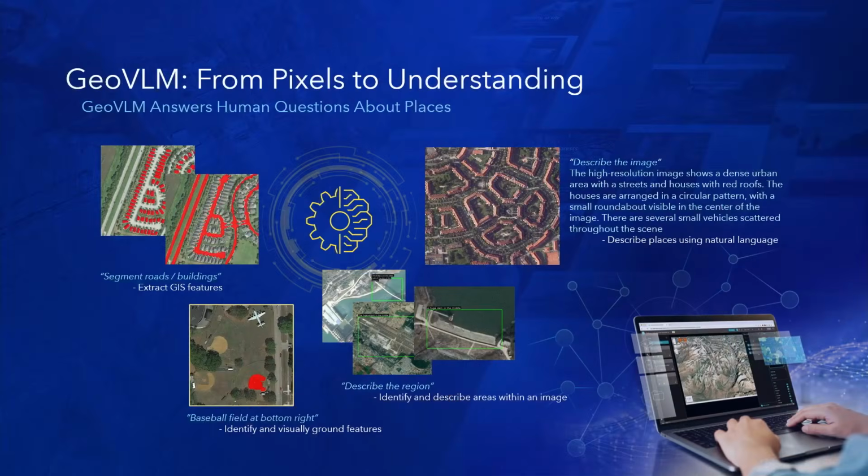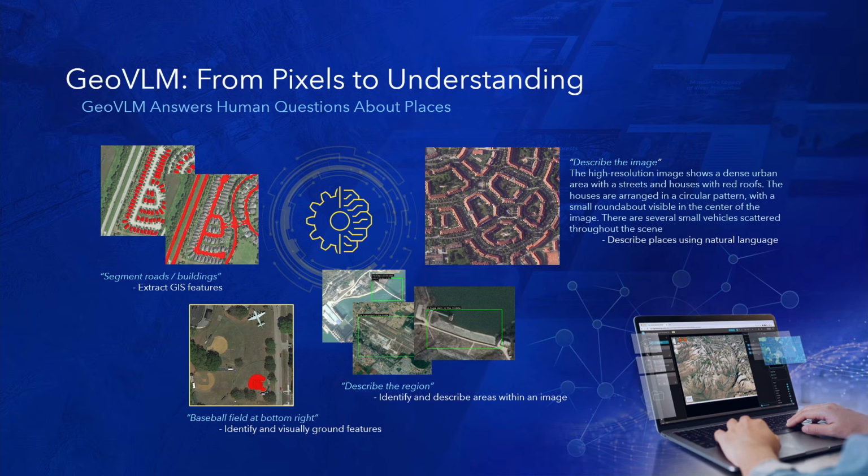Thank you, Karthik. Yeah, that was awesome. OK, so now let's talk about Esri's upcoming Geospatial Vision-Language Model, or GeoVLM for short. This is like a Swiss Army knife for many remote sensing tasks. It connects satellite imagery with natural language.